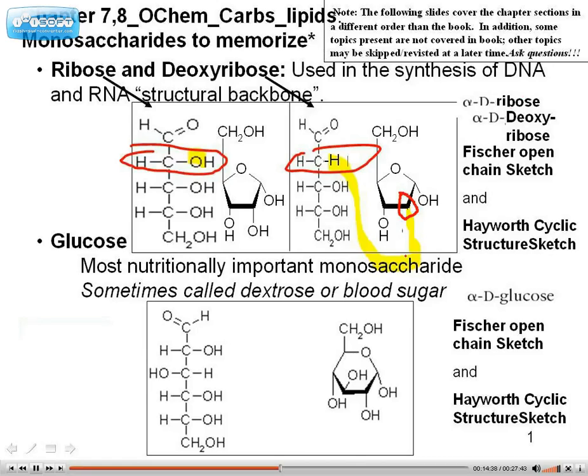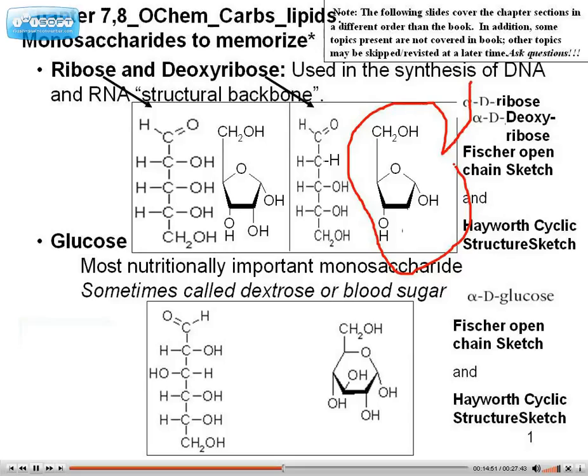So we tend to draw it either like this, or with just a hydrogen but no alcohol connected. Most people just simply draw it the way you see it right here.